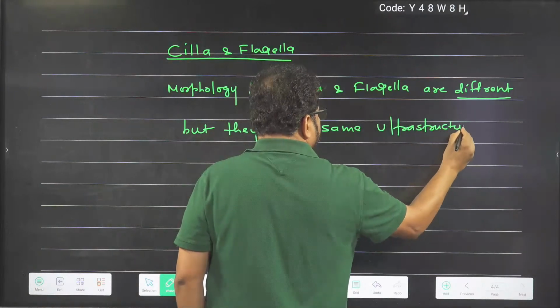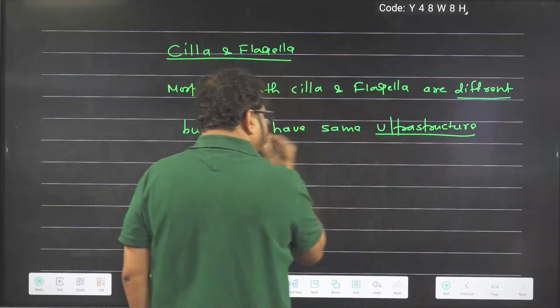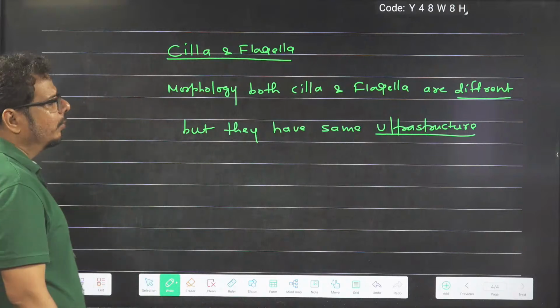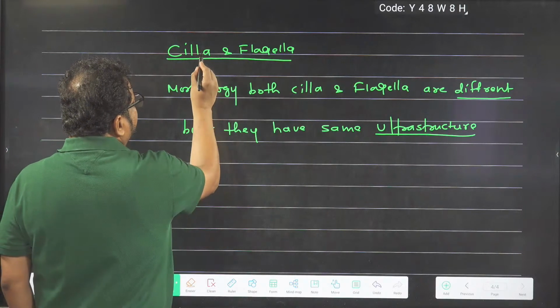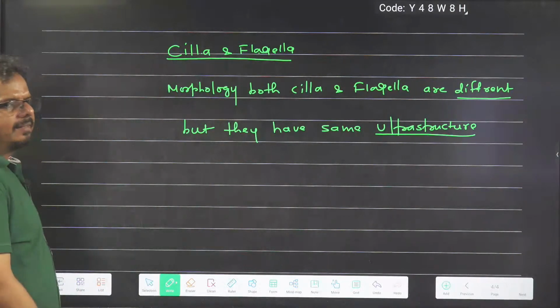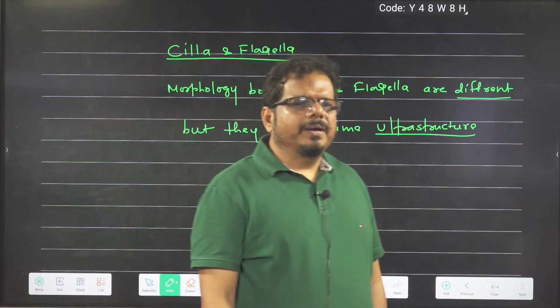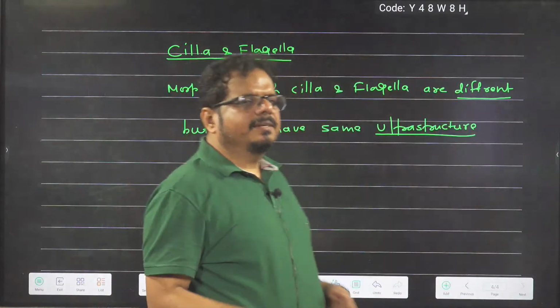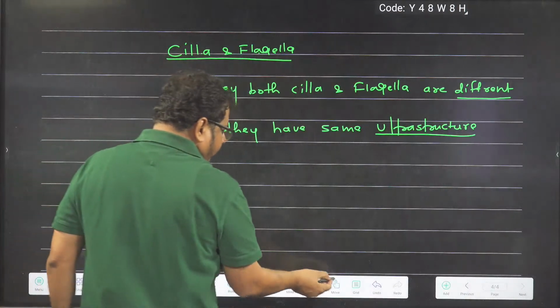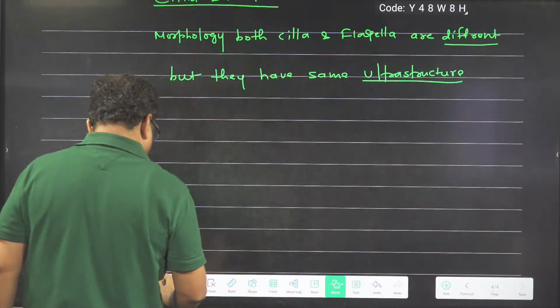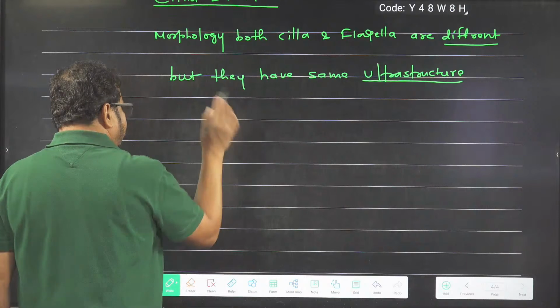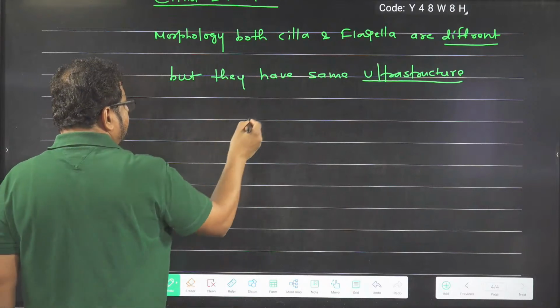Same ultrastructure means internal structure. When we see through the microscope, we will find there is no difference in the structure of cilia and flagella. Internally they are the same. Got the idea? But they are different from each other based on the morphology, external structure. Externally both are different, but internally they are the same.